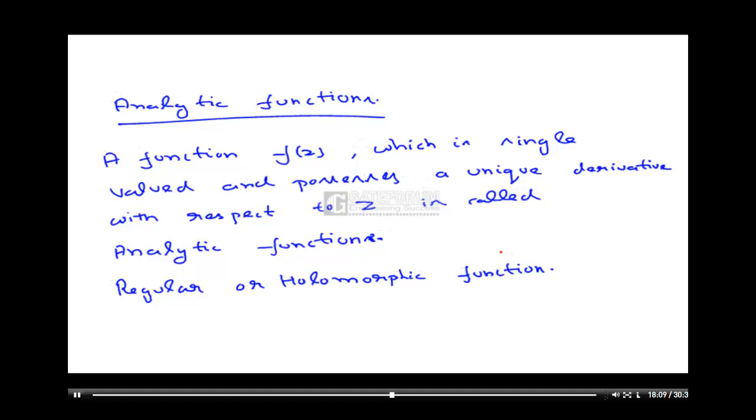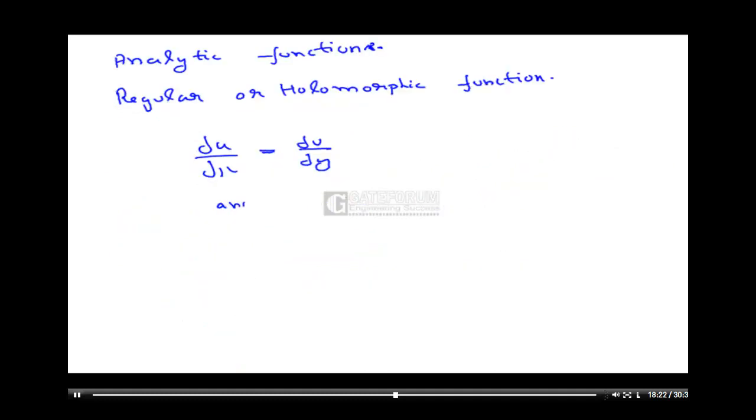The necessary and sufficient condition for this analytic function to exist is again the same Cauchy-Riemann equation, del u by del x is equal to del v by del y and del u by del y is equal to minus del v by del x. These two conditions must hold for a function to be an analytic function. Next, let's write one note.